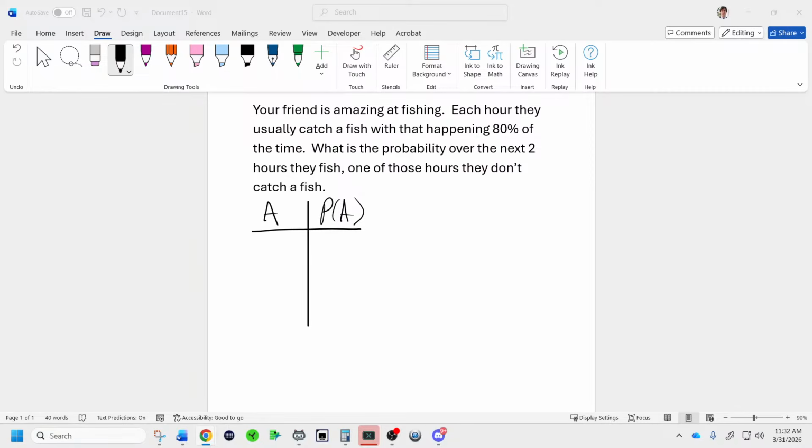Great job, Ty. So they either catch or no catch, and the catch is 80% and the no catch is 20%.